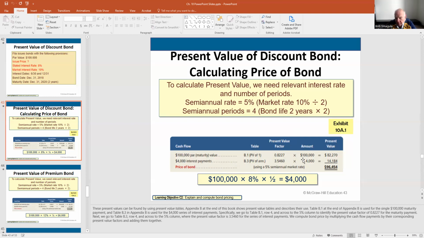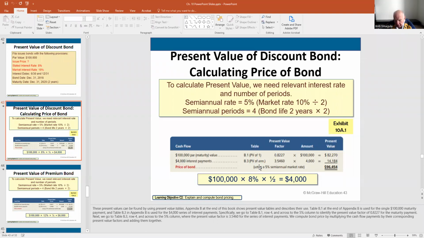Go to the present value table for $1, for one number. And you'll see the conversion factor is .82270, which equals 82,270, okay? Another way to say that is we need $82,270 today invested at 10% in order to have $100,000 at the payback time.